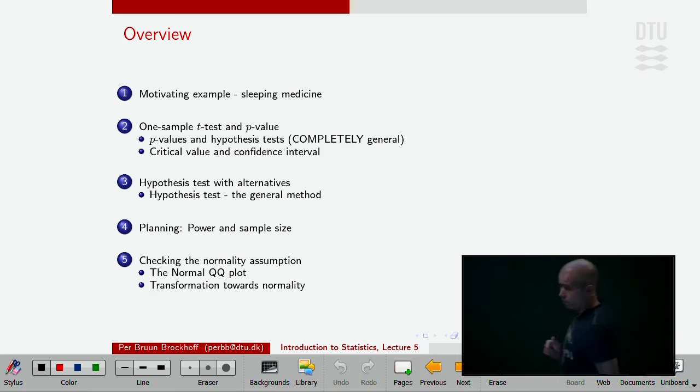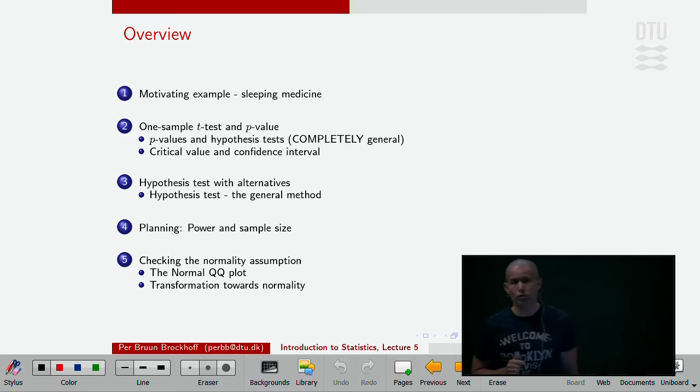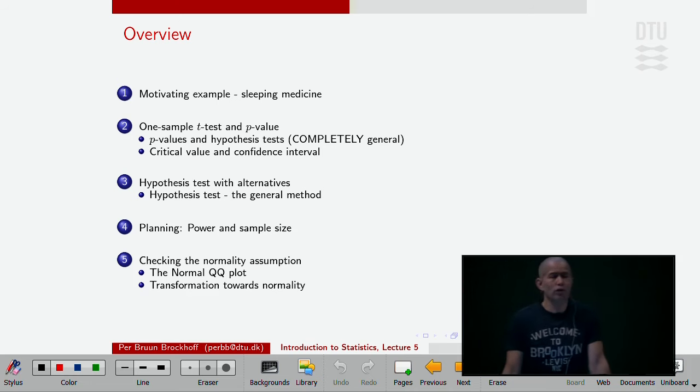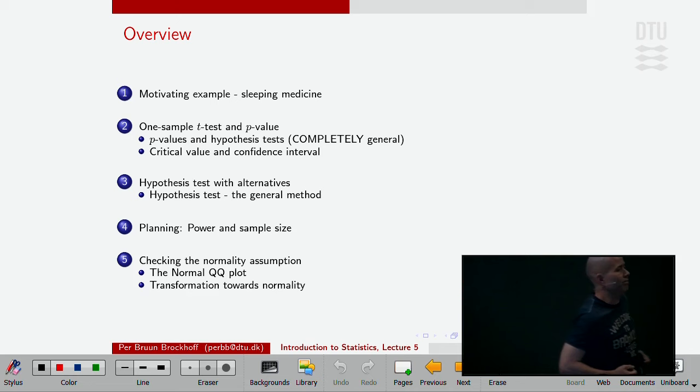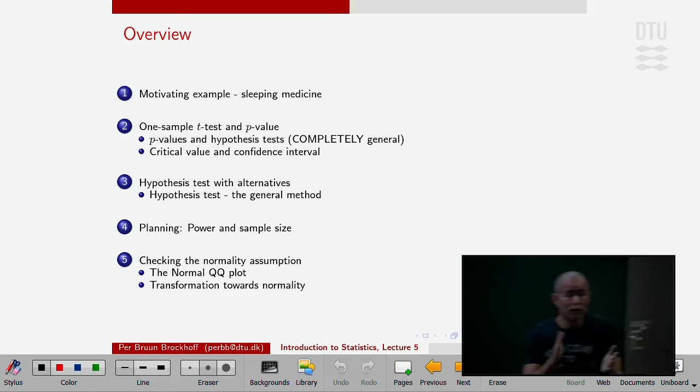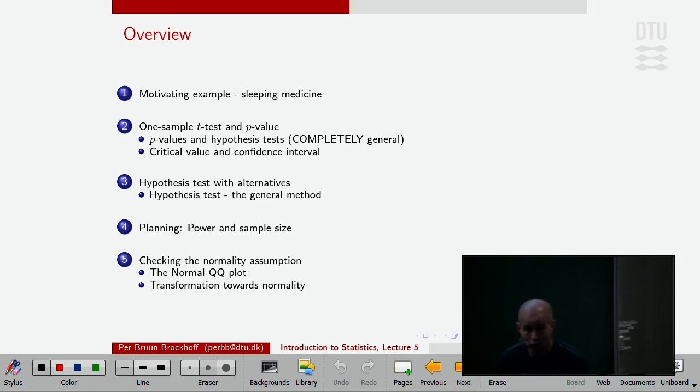If I should choose between the confidence interval and the hypothesis test that I'm teaching you today, I would go for the confidence interval every day, all the time, anytime. Because that's the more intelligent thing, actually.